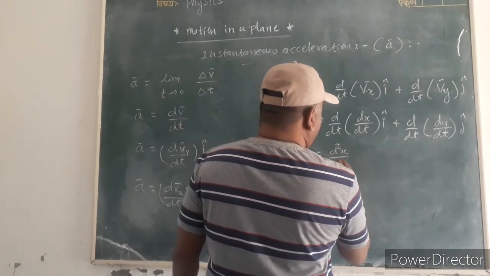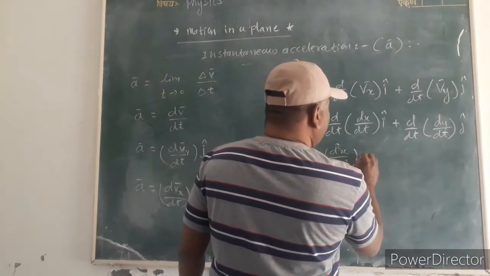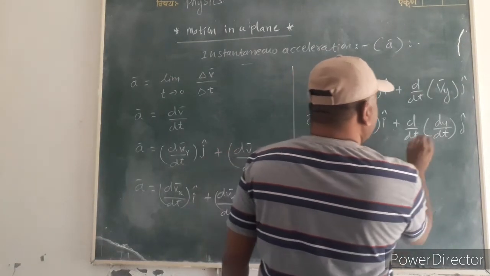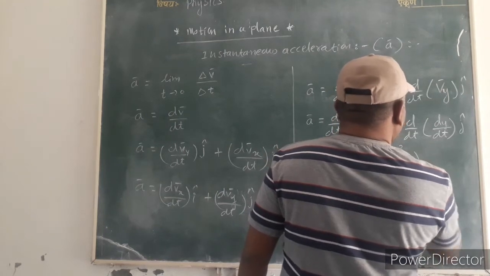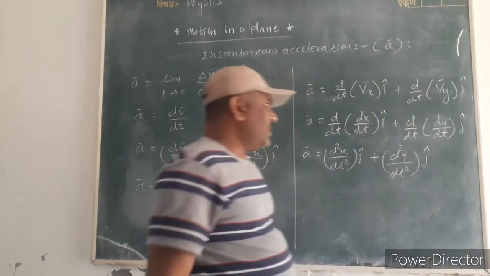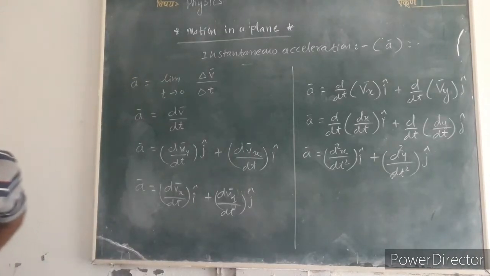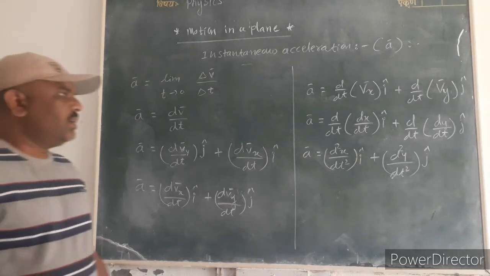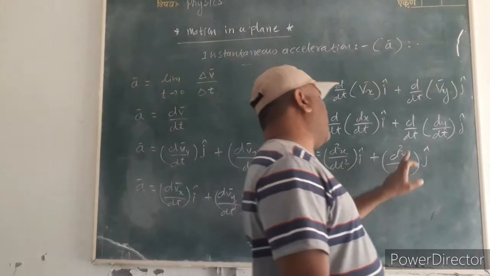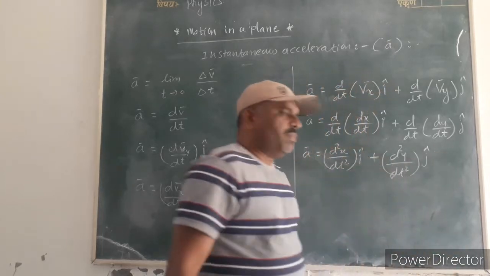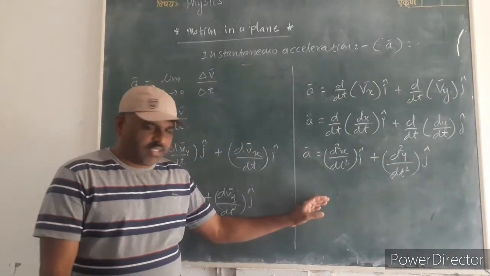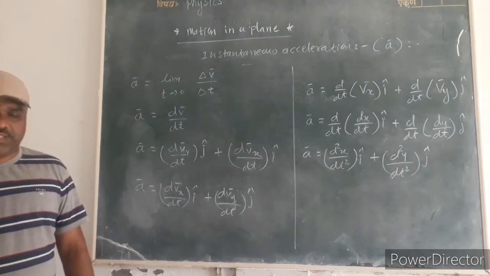So a bar is equal to d square x upon dt square into i cap plus d square y upon dt square into j cap. This is the instantaneous acceleration, where i cap and j cap are the unit vectors along the x-axis and y-axis.